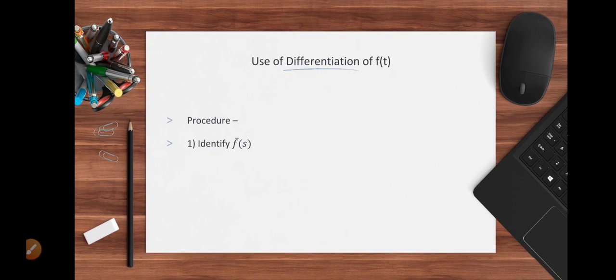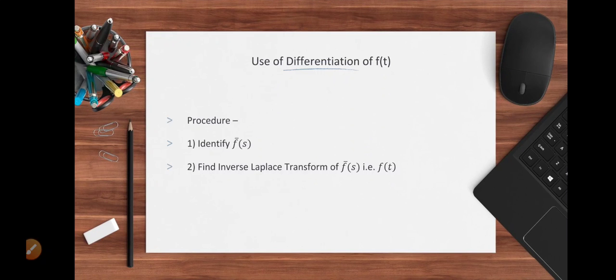First step, identify f bar of s, that is the term other than s or s raised to n factor, whose inverse LT can be obtained using the previously studied methods. So you have to consider f bar of s very carefully.